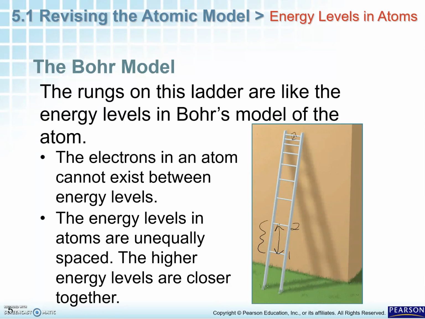In our atom, this is very similar to what we see. Here is our nucleus, just like the grass. To get from our nucleus to the first rung, this is where a lot of our electrons are going to hang out because they are the closest to the nucleus. Now, if it absorbs energy, which means it takes it in, it can go from the first step to the second step.